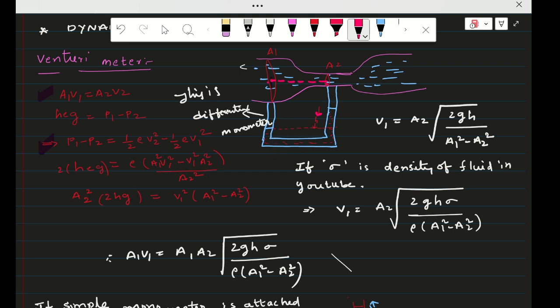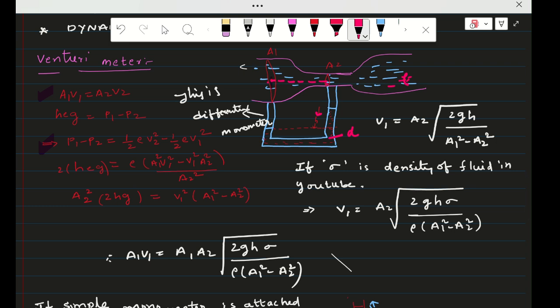This is called a differential manometer, which is connected with a different liquid. This liquid can be of a different density or the same density as the fluid flowing here. The density of the fluid is rho. So these two can have the same density or different density. Here I have considered different density; then I can change it to the same density. So here a differential manometer is connected. It is not open, right? It is closed, with some liquid, some fluid.